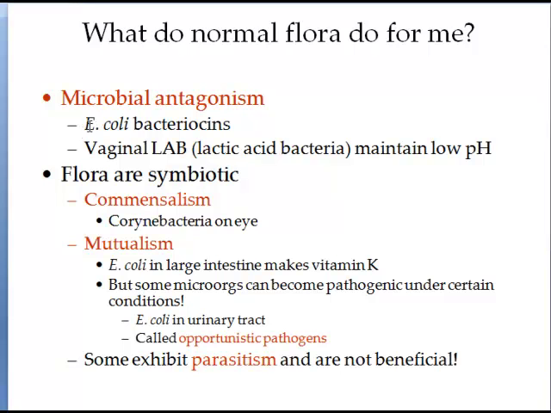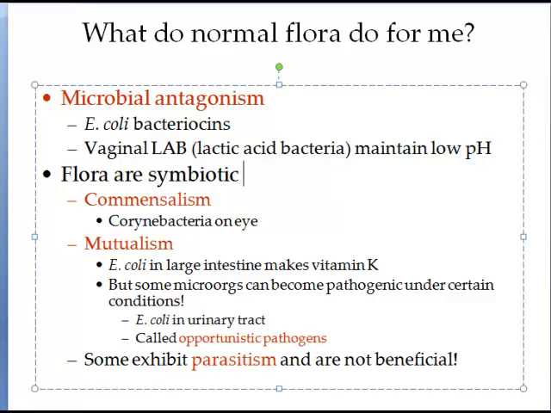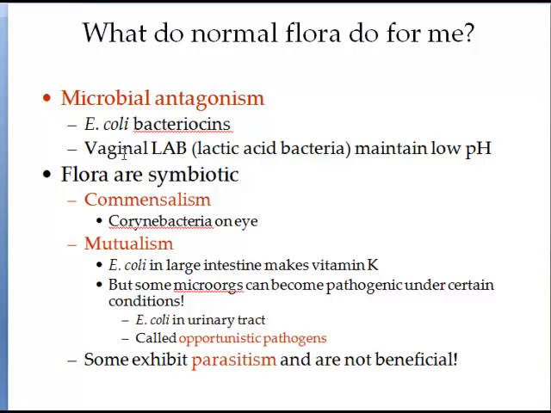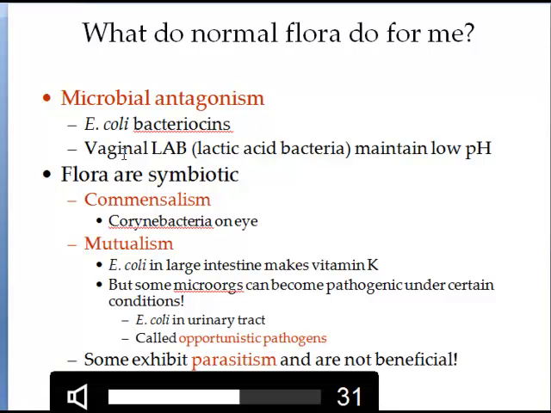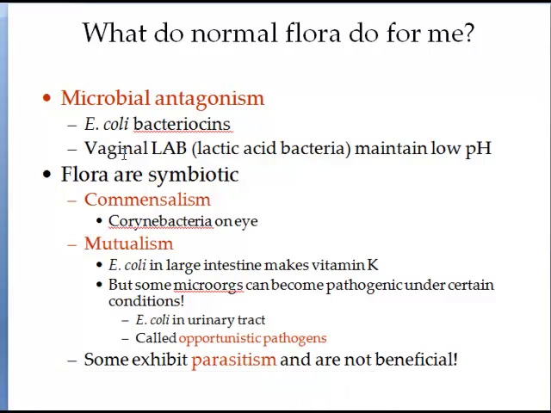So, for example, E. coli releases bacteriocins, which increases the formation of lactic acid and maintains low pH, and this low pH actually inhibits the overgrowth of the yeast Candida albicans, which can grow when the normal microbiota is upset and the pH is altered. So when you have a high pH, then there's a chance of yeast infection.